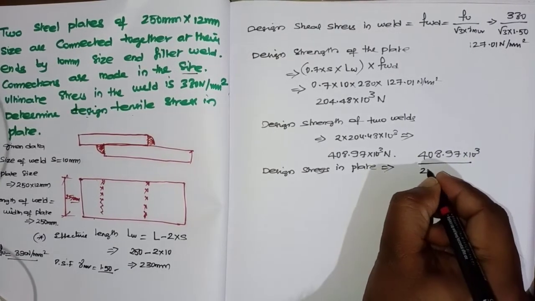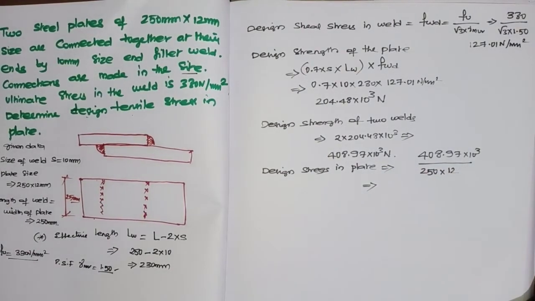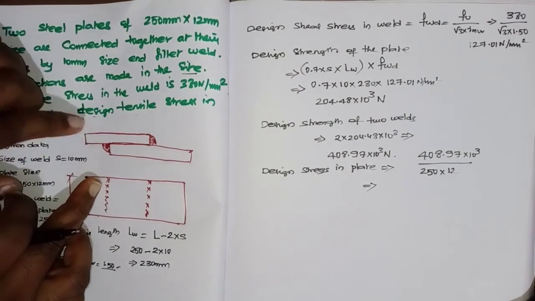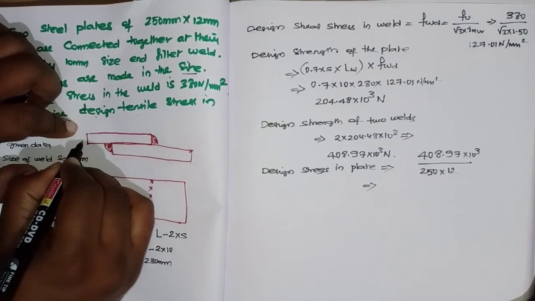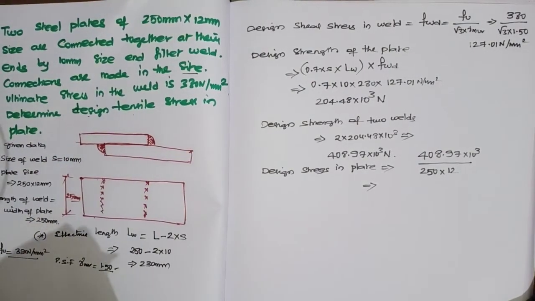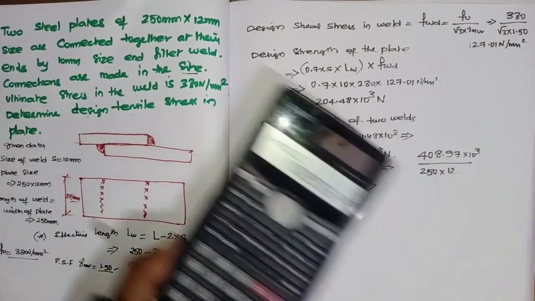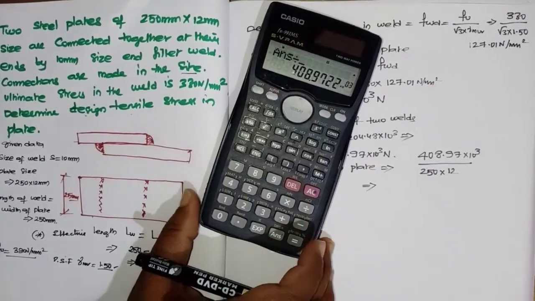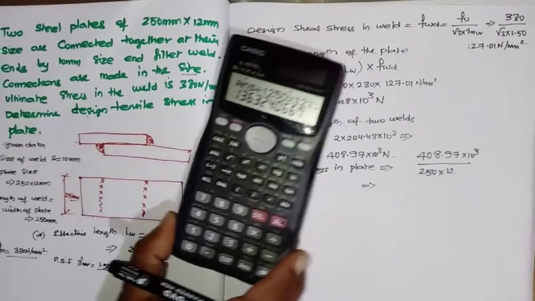What is the area of plate? 250 into 12 mm. Here the two plates are of the same size, so it is okay, but sometimes one may be 10 mm and the other 12 mm. In those cases they may ask for the design stress in the thinner plate or the thicker plate. So here, divided by 250 into 12 mm. So how much is it?